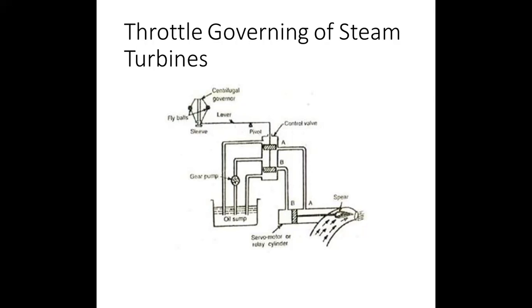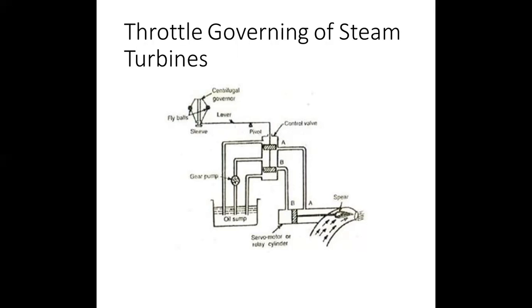The control valve controls the direction of flow of the oil either in the pipe AA or BB. The servometer or relay valve has a piston whose motion is connected to a spear or needle which moves inside the nozzle.